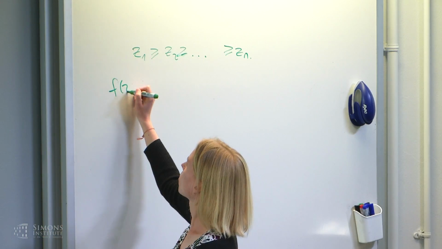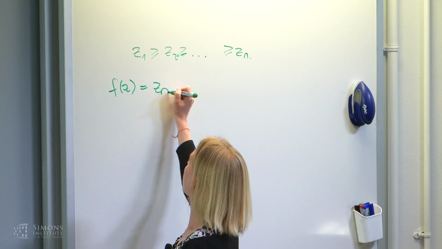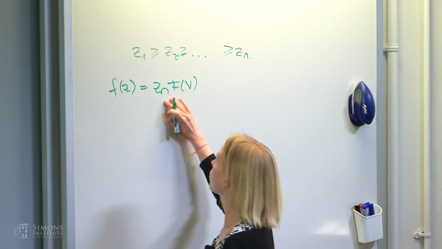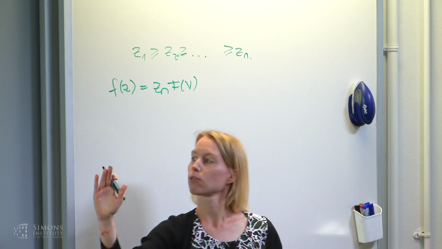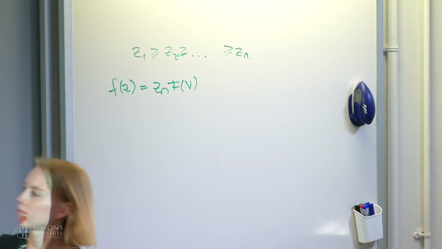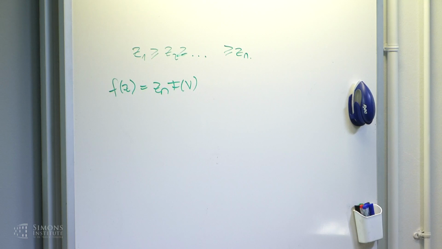Now, in that case, f of z is zn times the full set. That's when the threshold goes up until it hits the smallest of my entries.